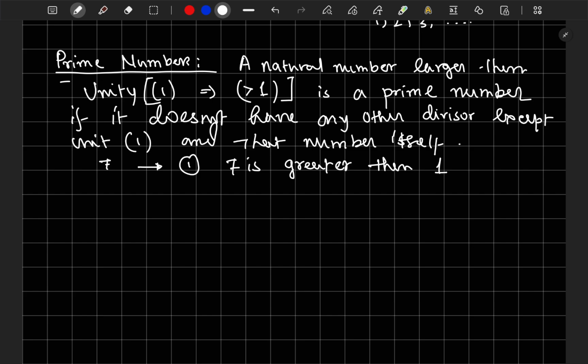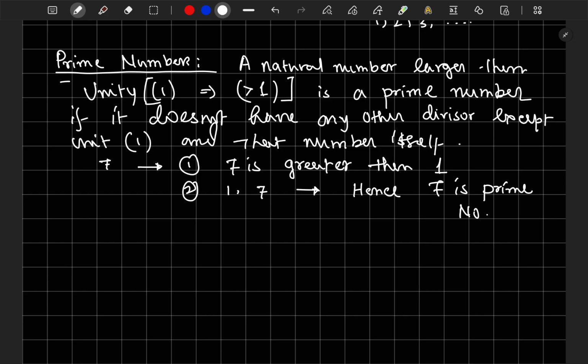Another one is that it is divisible only by 1 and the number itself, 7. So we know that except 1 and 7 there is no other divisor of 7, hence 7 is a prime number.